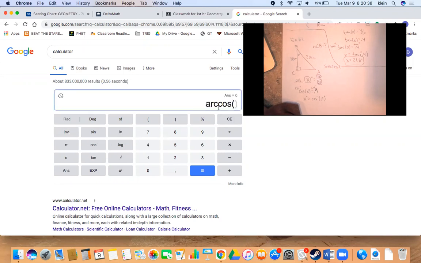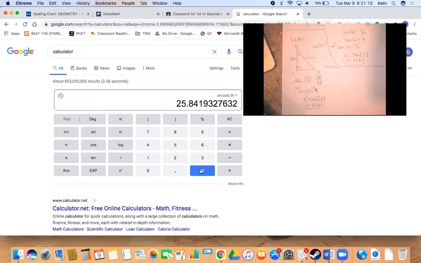They call it the arc cosine, which is another name for inverse cosine, of 0.9. And we get 25.8 degrees. I probably really didn't need the degree symbol there, but the answer is 25.8 degrees to the nearest tenth.